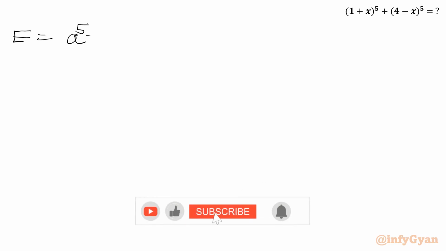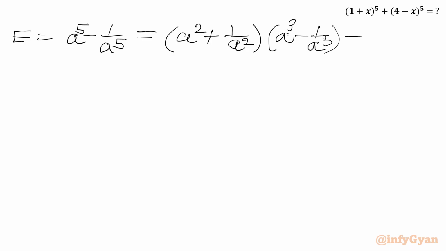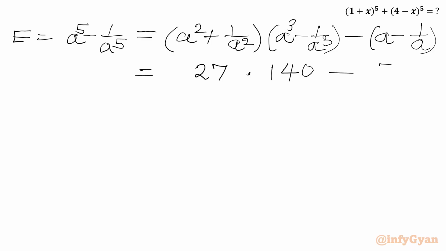A^5 - 1/A^5 is equal to (A² + 1/A²) times (A³ - 1/A³) minus (A - 1/A). Now A² + 1/A² was 27, A³ - 1/A³ was 140, A - 1/A was 5.